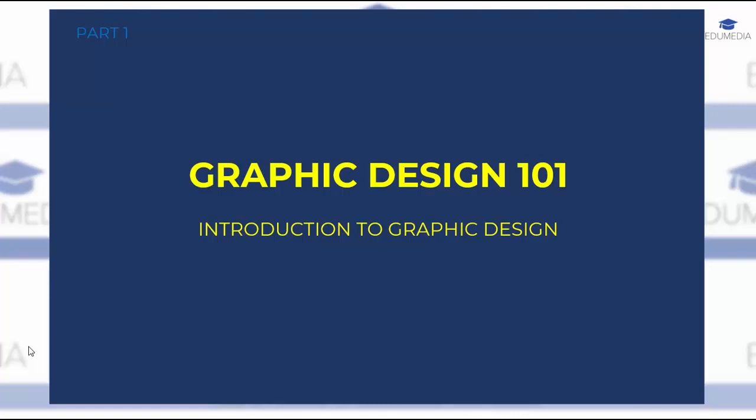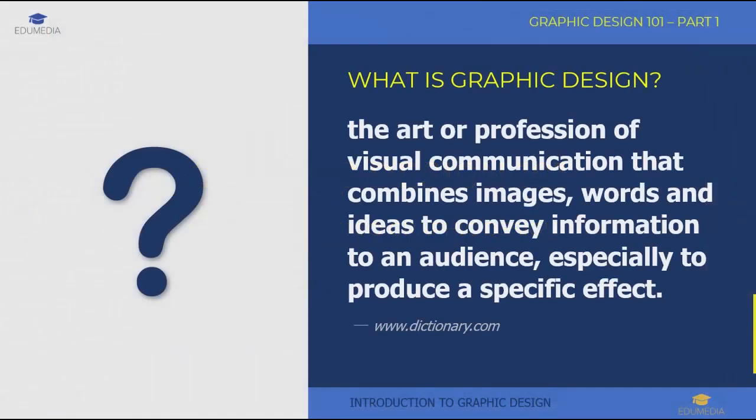So, we're going to build our knowledge by understanding the meaning of the language we want to learn. So, in this sense, we're going to explain what graphic design is. According to the dictionary definition of graphic design, it is the art or profession of visual communication that combines images, words, and ideas to convey information to an audience, especially to produce a specific effect.